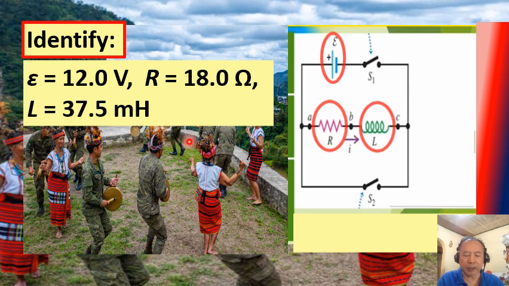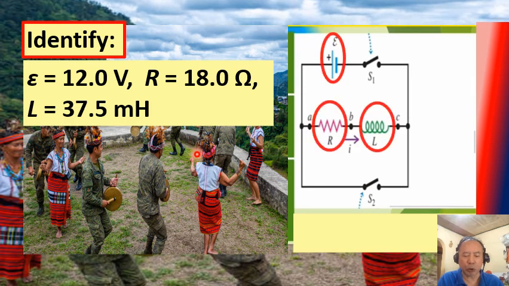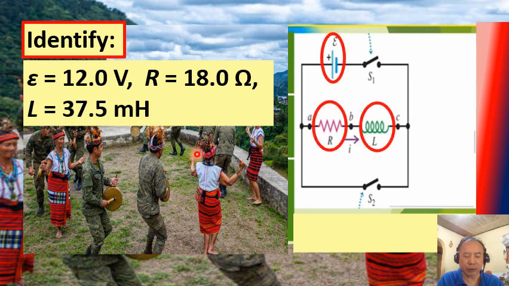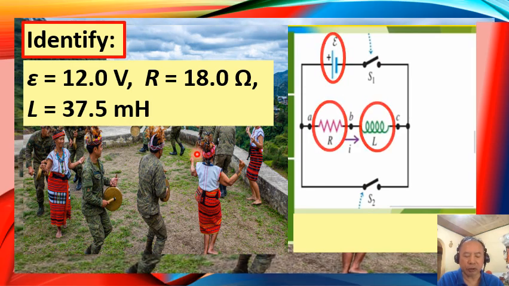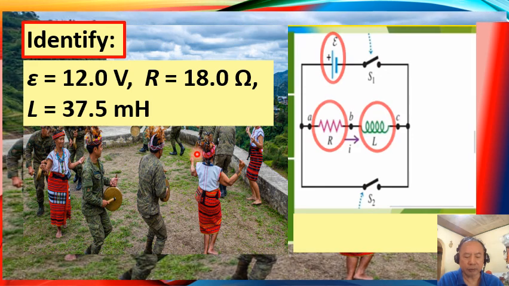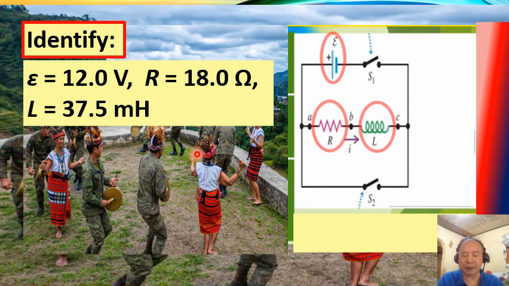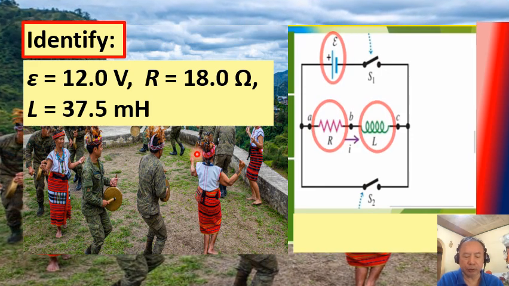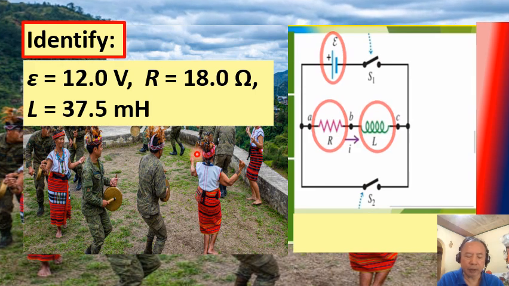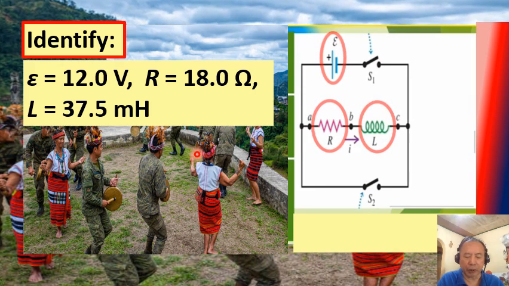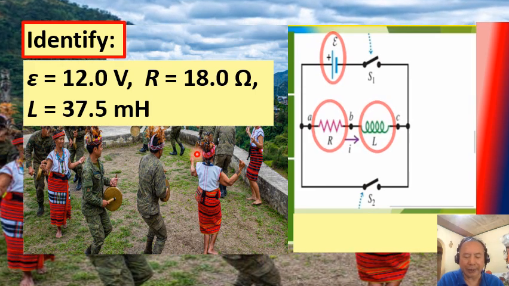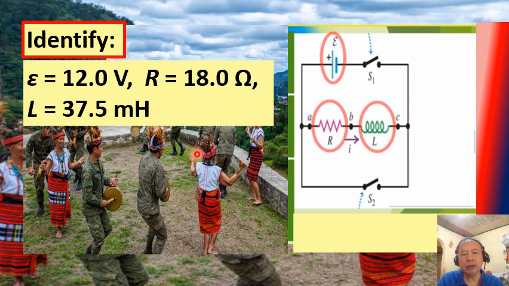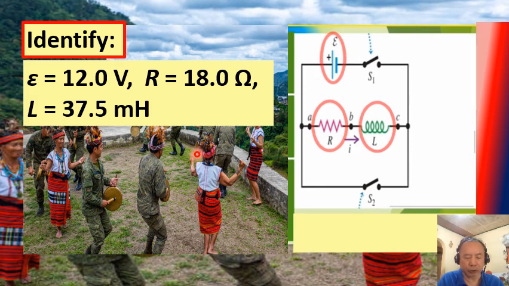So, when switch S1 is closed, the inductor slows the growth of the current when the circuit is completed. But soon, the amount of the induced EMF in the coil equalizes the EMF of the battery, which is 12.0 volts.